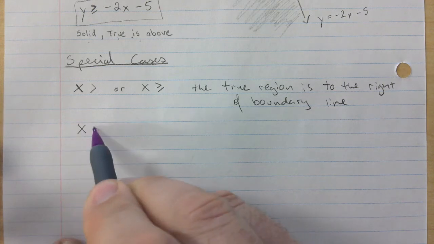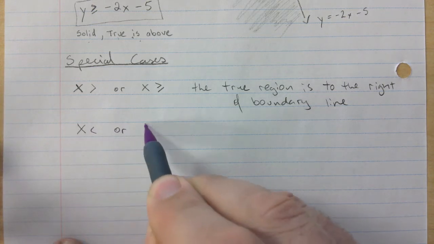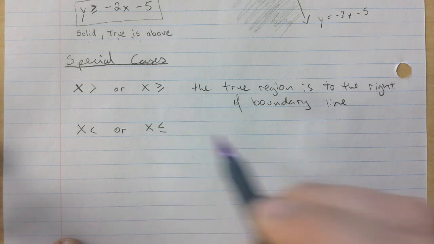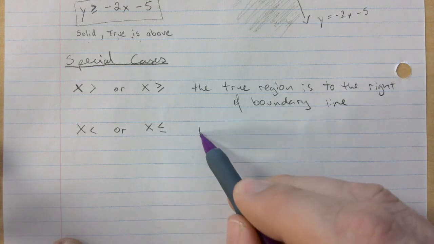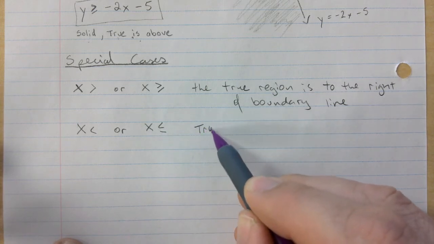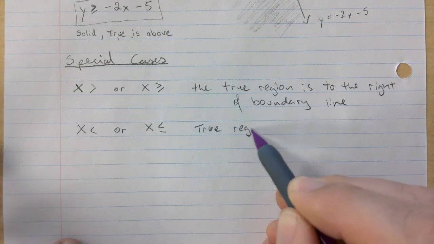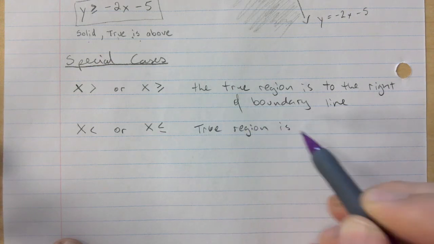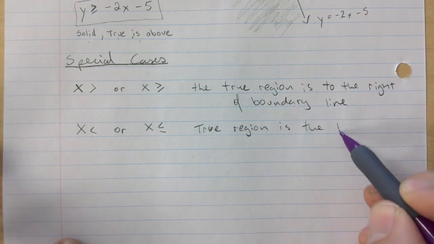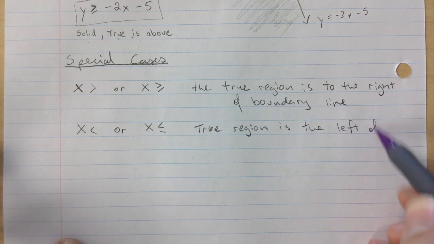If x is less than or x is less than or equal to, the true region is to the left of the boundary line.